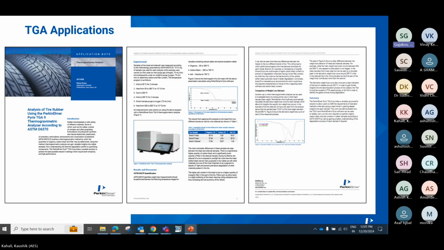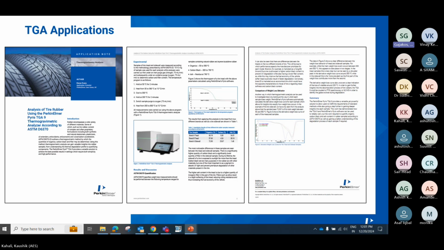So there, more of the silica is mixed into the sample. The sidewall is most of the time exposed to sunlight and the environment, so it should absorb the UV light coming from the sunlight and maintain the temperature of the tire.